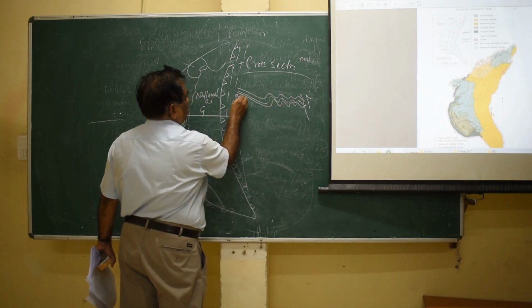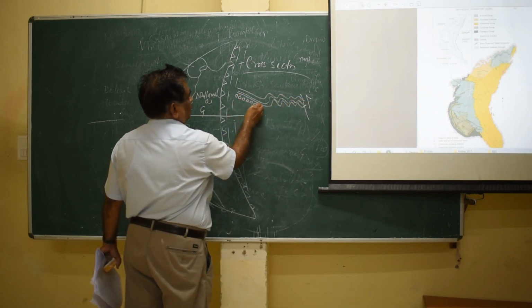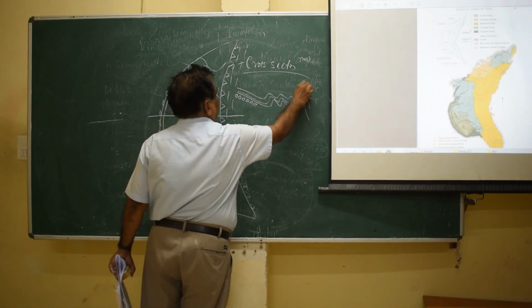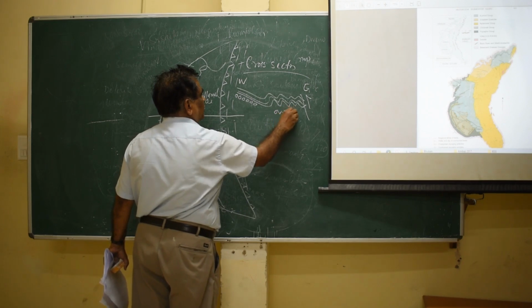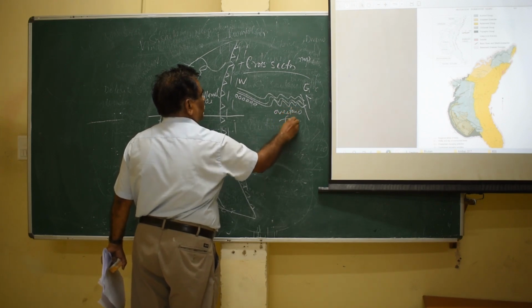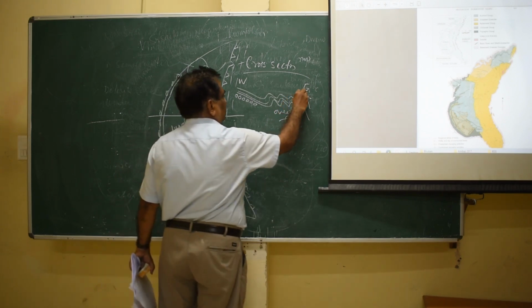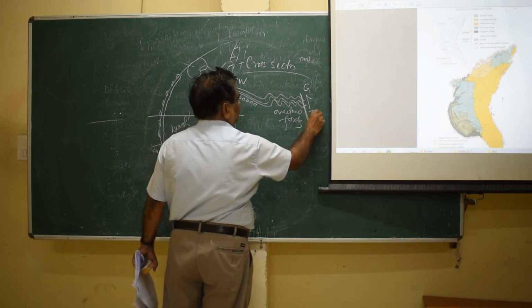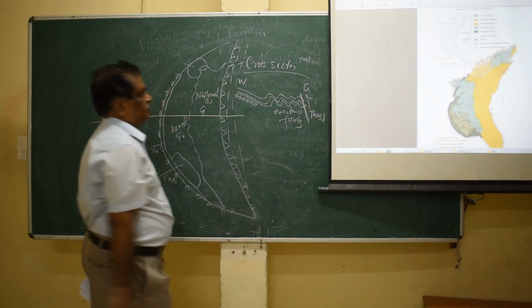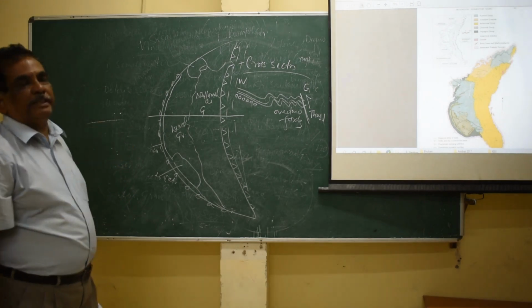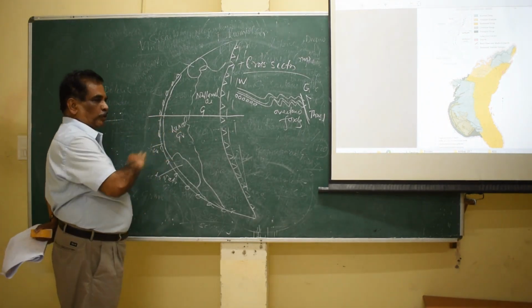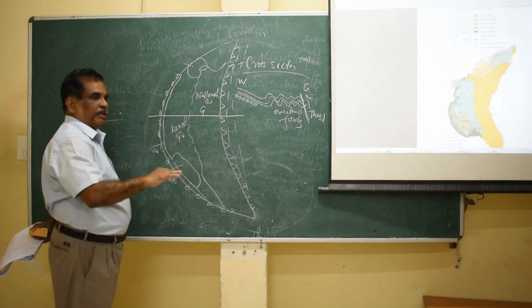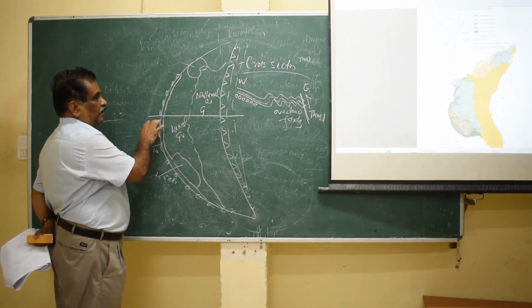Here are the conglomerates. But as you go towards east, there will be very overturned folds. Then there will be thrust. Some sort of structure will yield like this.